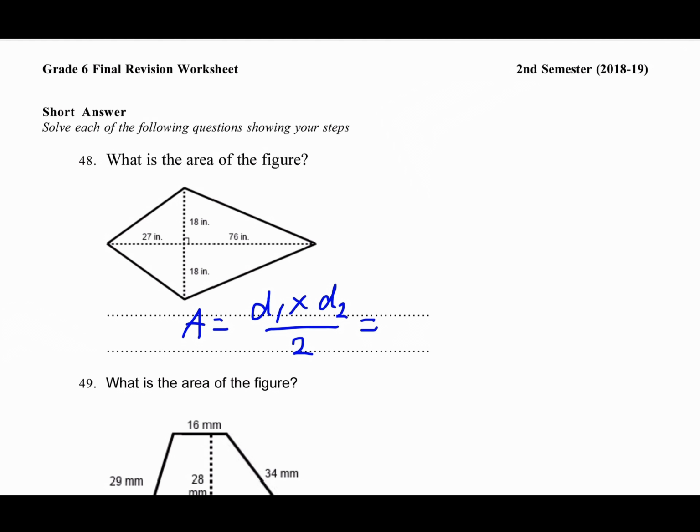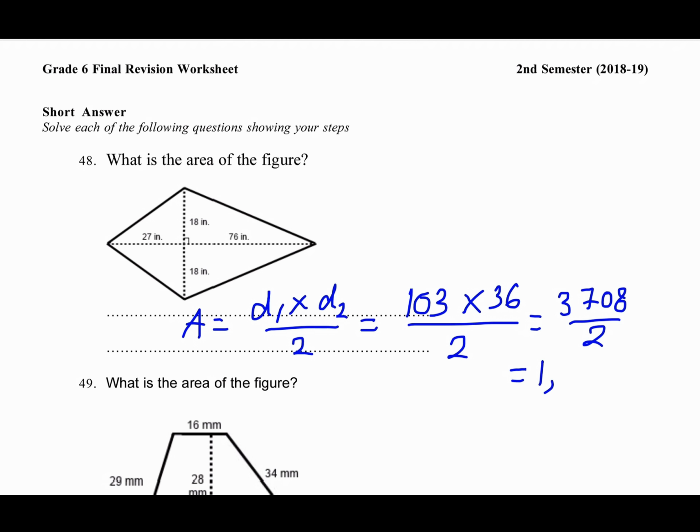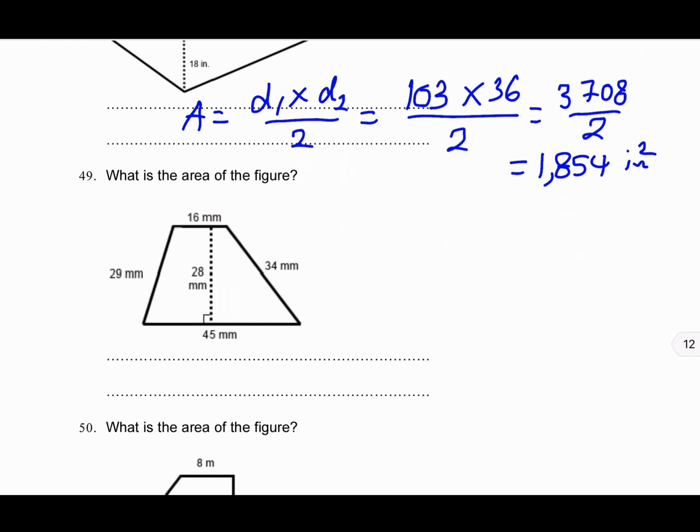So the first diagonal is 27 plus 76 equals 103. Second diagonal, 18 plus 18 equals 36, divided by 2. So the answer would be 3708 divided by 2, which is 1854 square inches.